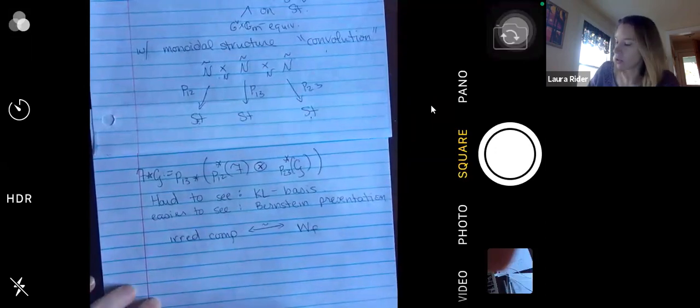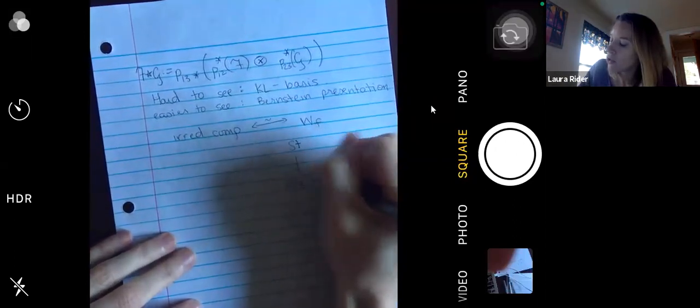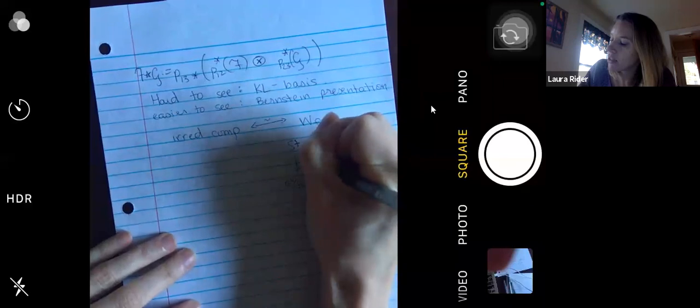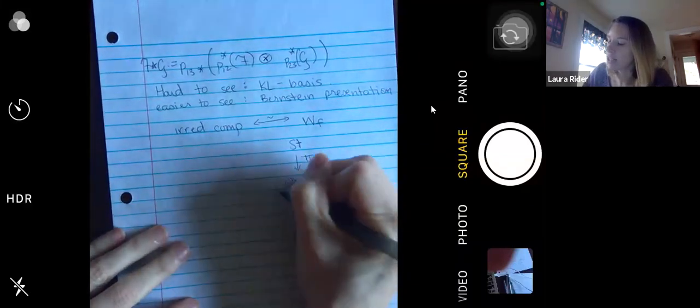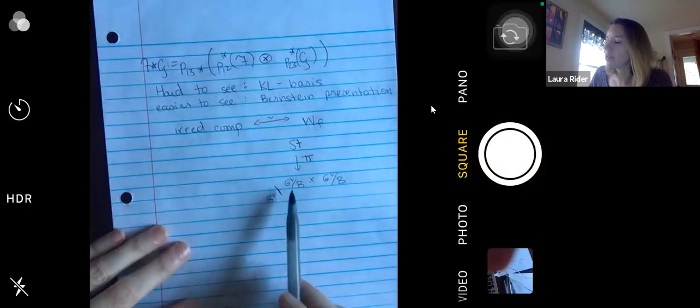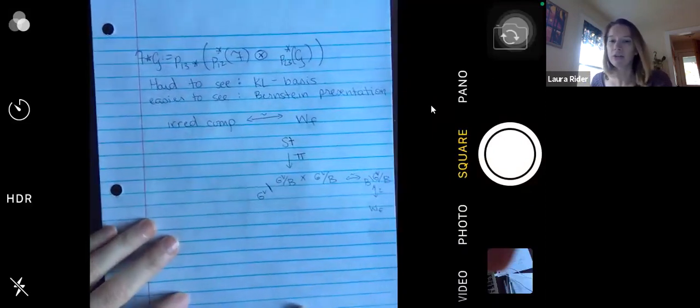So let me show you how this works really quick, because it's not so hard to see once you're comfortable with this setup. As I mentioned before, the Steinberg variety maps to two copies of the flag variety. And there's a standard fact that if I take the G orbits with the diagonal action here, then this is the same as the B orbits on a single flag variety, and those of course are indexed by the Weyl group.